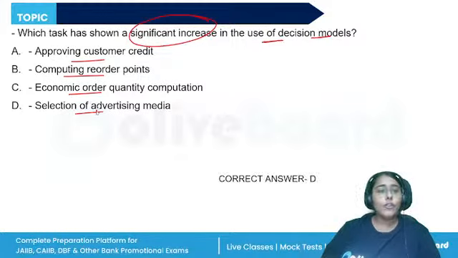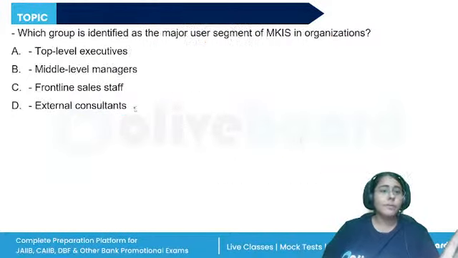But right now there has been an increase in the use of computers, and very recently a selection in the advertising media. Right now, not only SMS or emails, but social media campaigns are also being done for advertising. So recently, increase in the advertising media selection is observed.